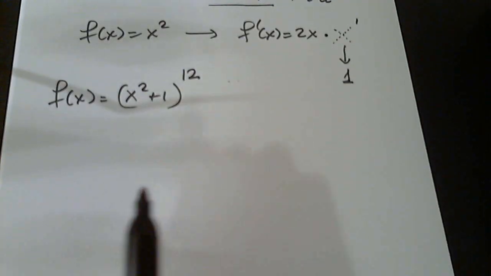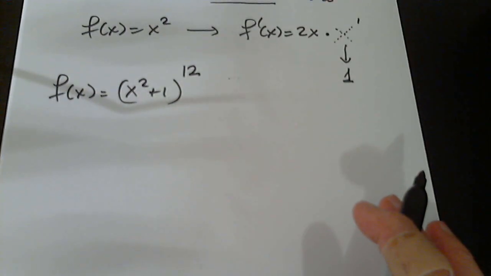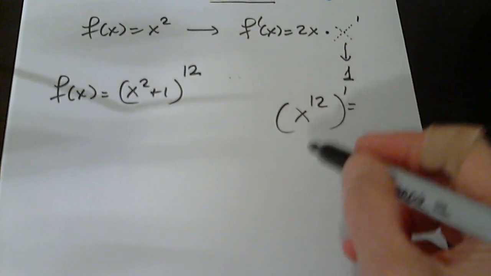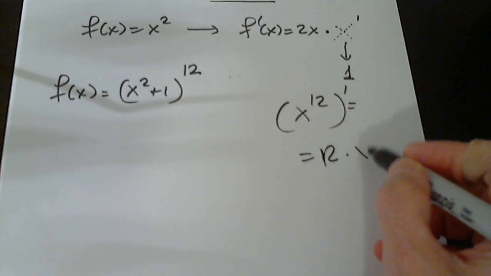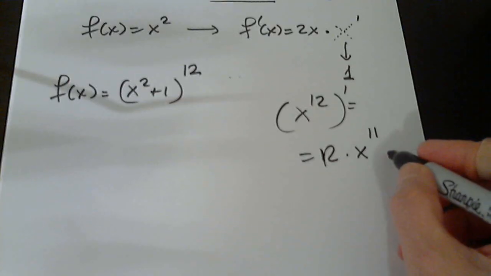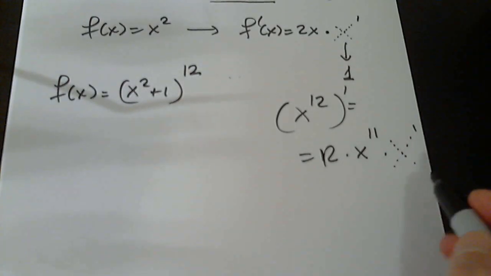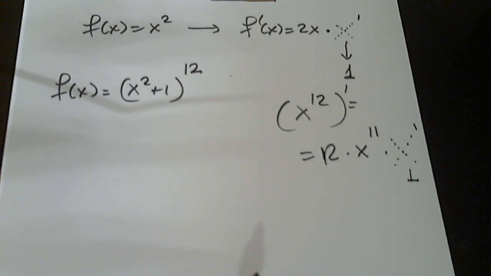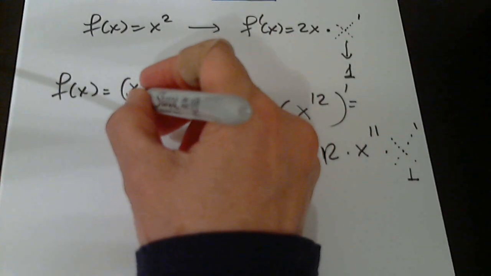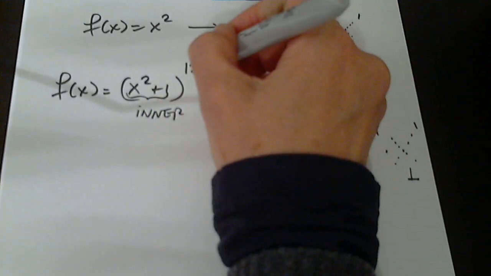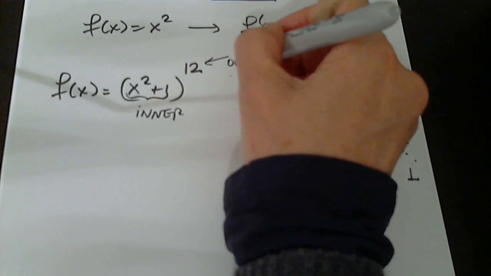Very simple. The idea is the same with differentiating x to the 12th power. I will get 12 times x to the 11th times the inner function prime. But it happens that this is 1. So this is something called inner. This power is the outer.